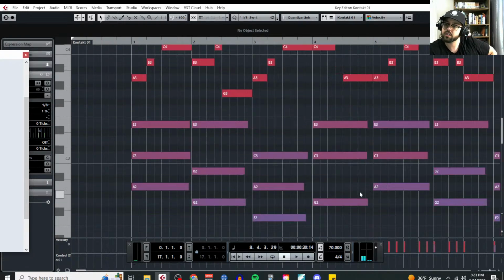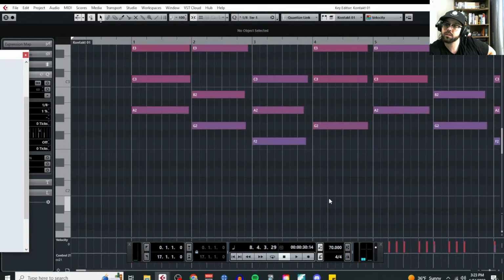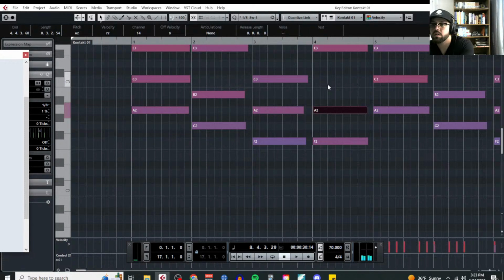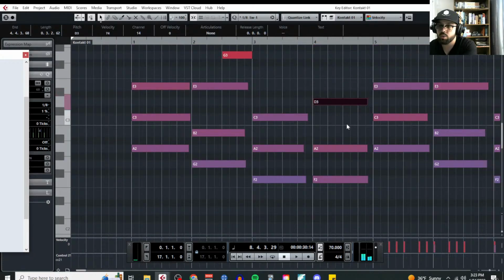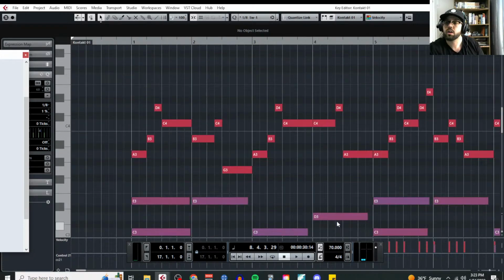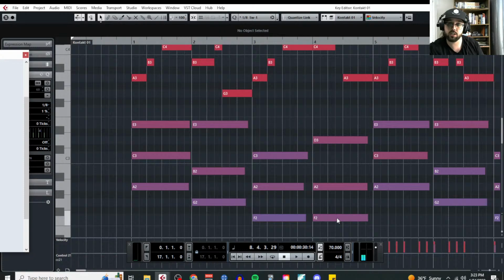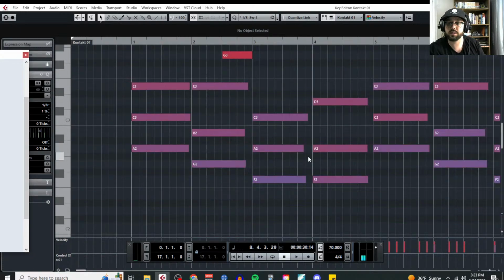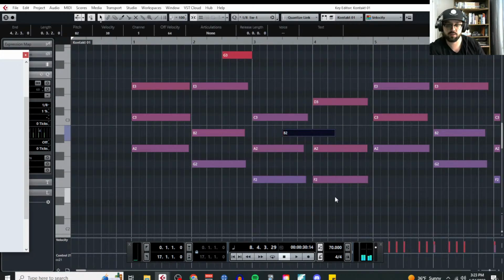We could probably do that. And what allows this to work is the fact that we have so many chordal tones in common. Even though this doesn't form a particularly strong pattern, it still forms a pattern because we have two common tones.